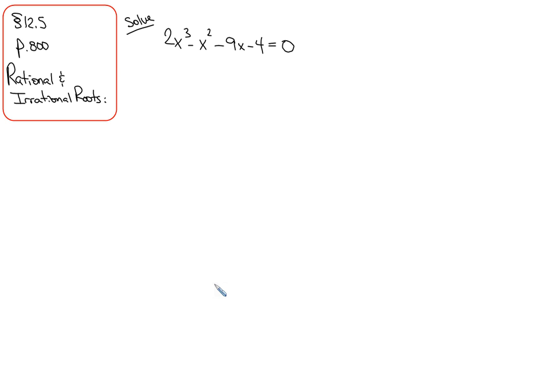So in order to do this on our own, we have to use something called the Rational Roots Theorem.